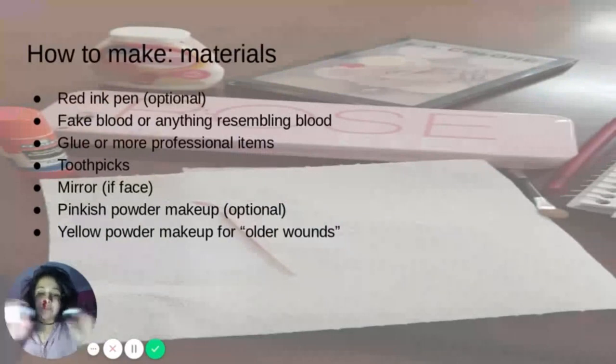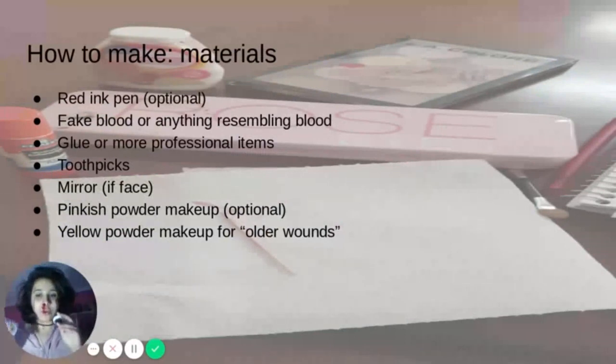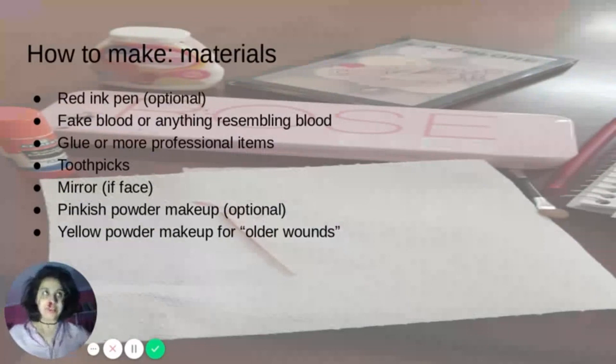You also need fake blood. If you do not have any actual fake blood from the store, you can use food coloring or a drink enhancement. You will need glue or the professional fake skin latex, wax, or other.